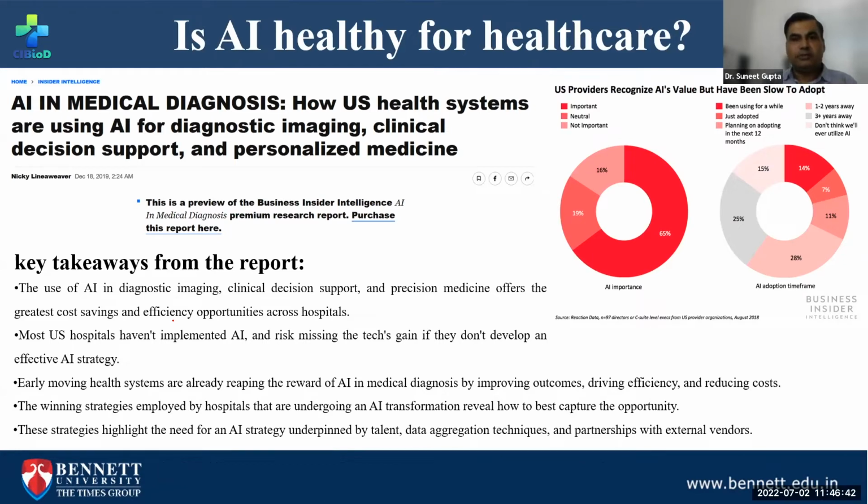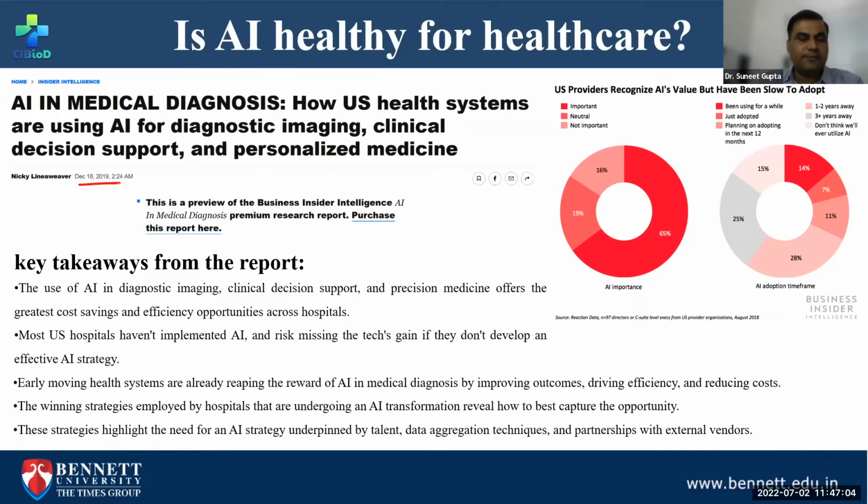Again, this article was published, and the title of this article is AI in Medical Diagnosis: How US Health Systems Are Using AI for Diagnostic Imaging, Clinical Decision Support, and Personalized Medicine. This article was published in 2019.